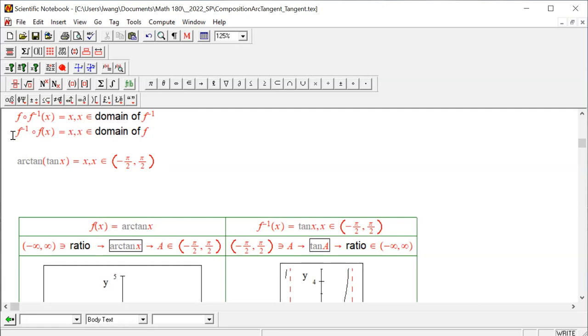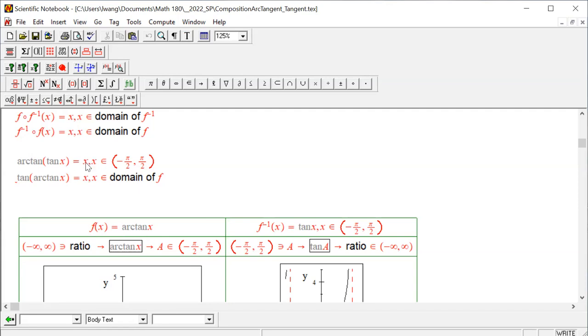And if we translate the other one, f inverse is tan of, over here, f is arctan. Arctan. And of course, this x is going to be a ratio, because arctangent takes a ratio.